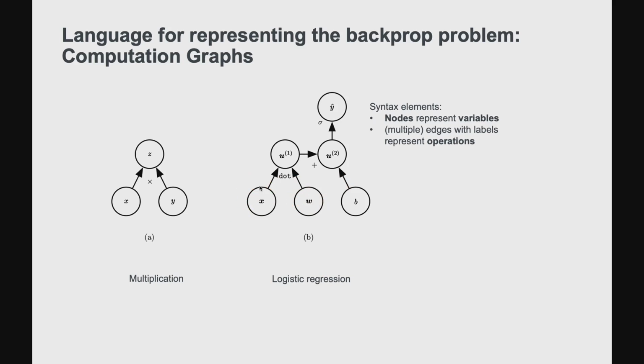Here I make it explicit. Then I have edges with labels, and they represent the operations. Whenever two edges converge in a node, I take the input from these edges and use the corresponding label, here the plus, to compute the next intermediate or final result.